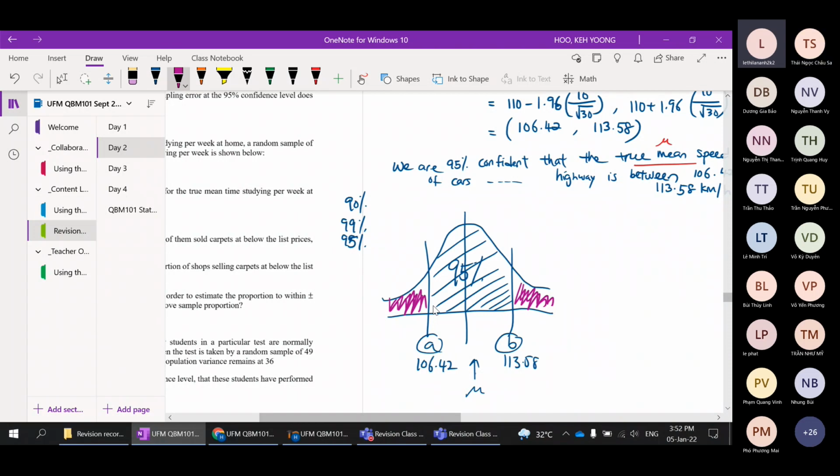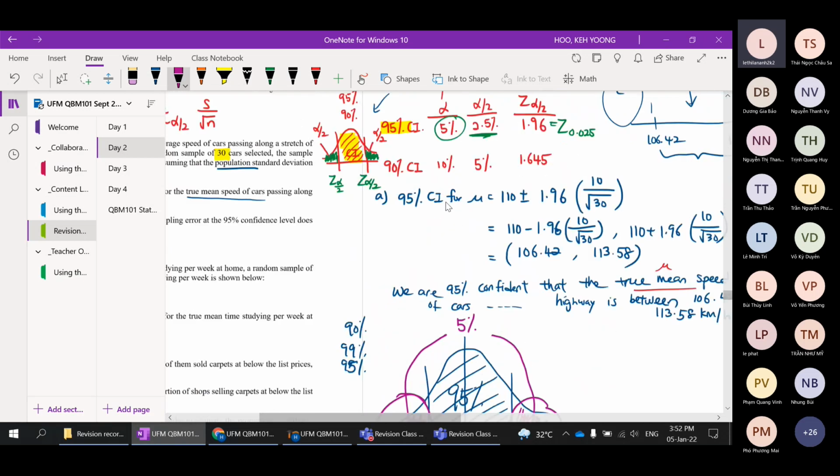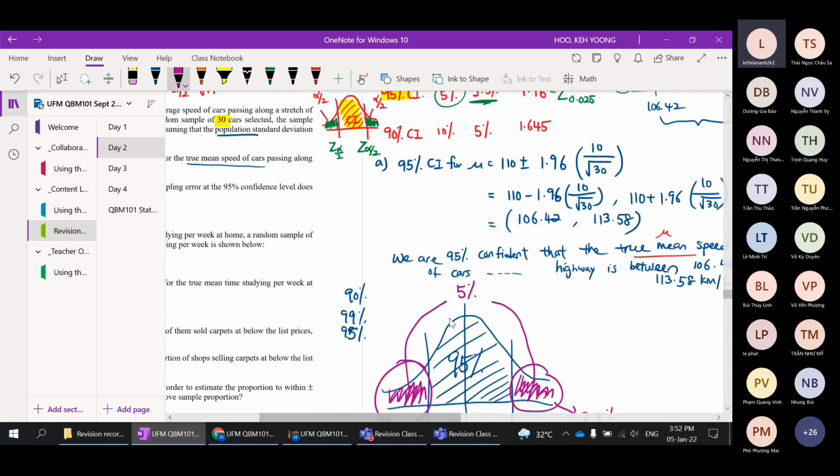5%. Yes. When you add up these two purple areas, it should be 5%, the total, not for one side. If I look at only one side, the left hand side is 2.5% and the right side is also 2.5%. That's how I get 5%. So that's how we get the 5% first.